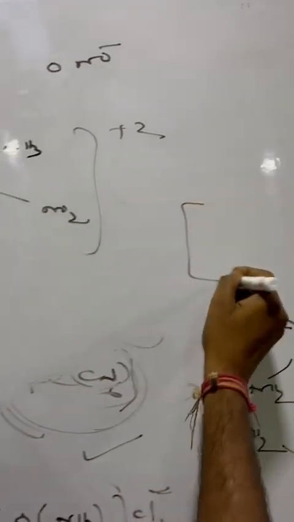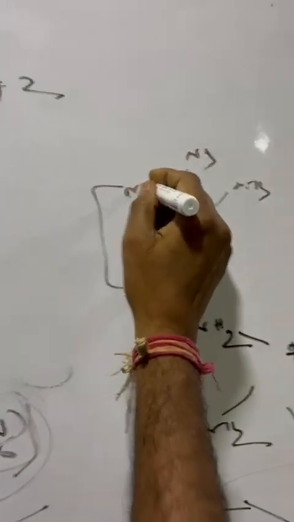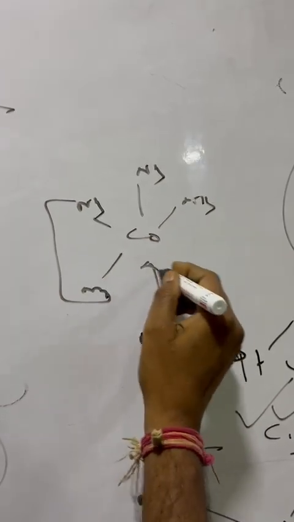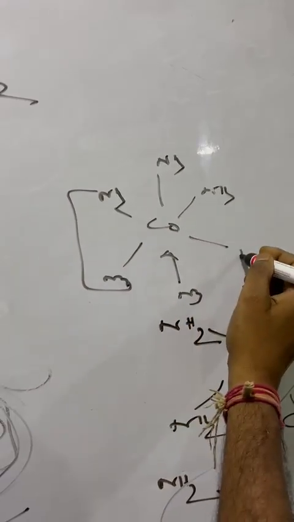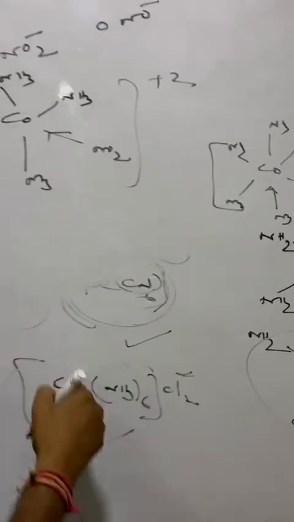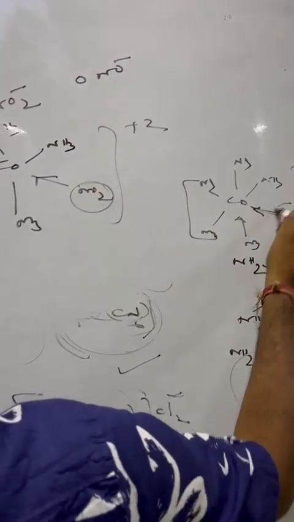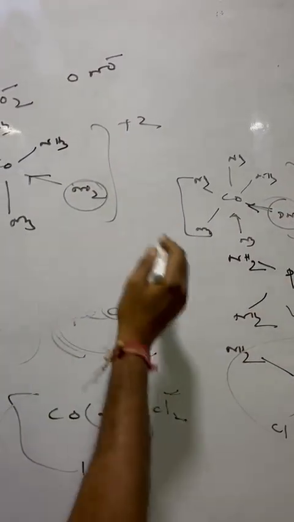I write another complex. Both are complexes. You see the donation is from nitrogen. You see the donation is from oxygen. This type of ligand is called an ambidentate ligand. And an ambidentate ligand gives rise to linkage isomerism.